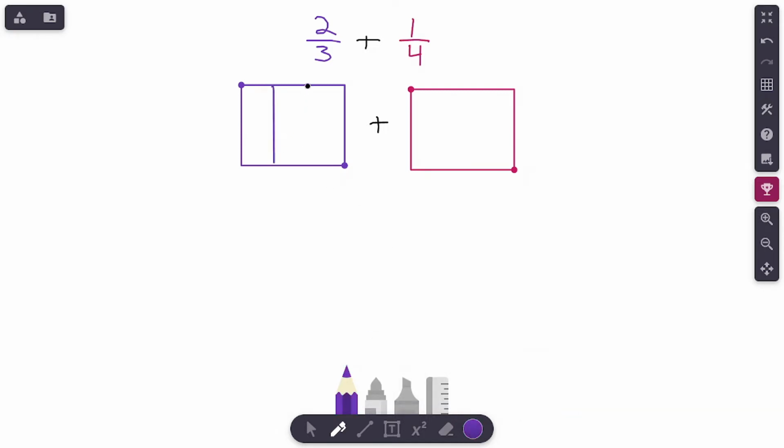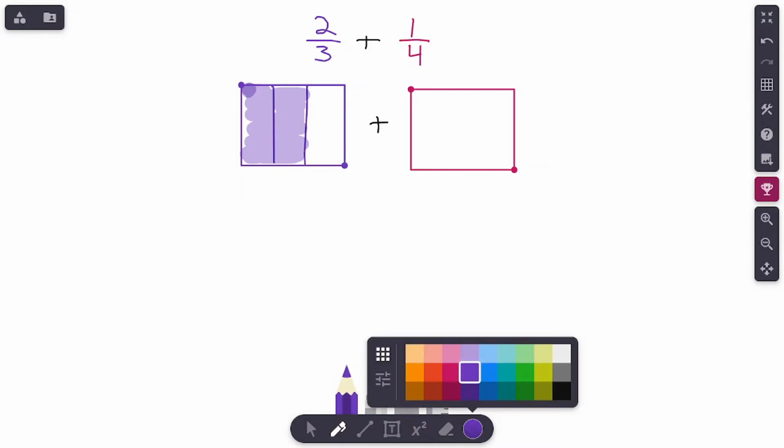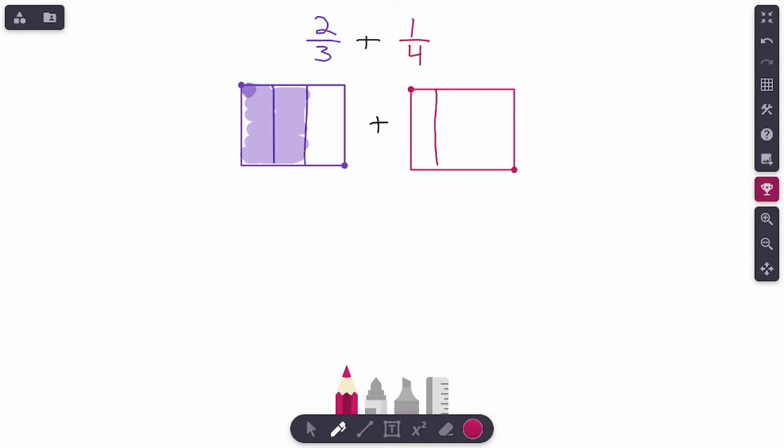So there's 1/3, there's 2/3, shading this in. And right now, the reason we're not able to add these two fractions just by looking at them is because their denominators are different. Because their denominators are different, they are unlike, we cannot add them without doing some extra work.